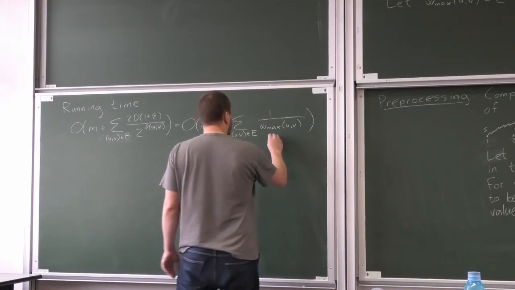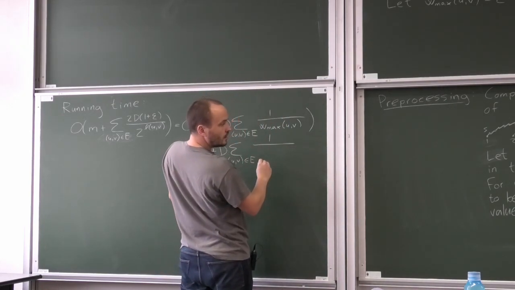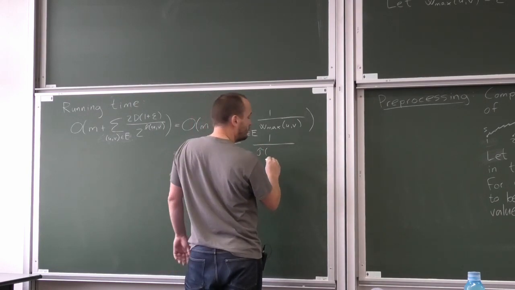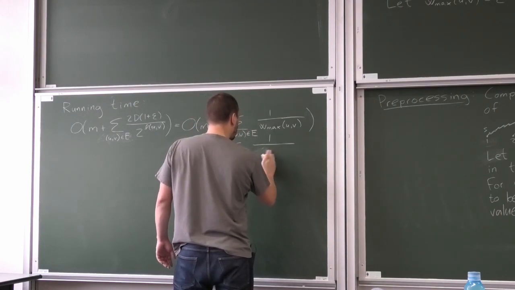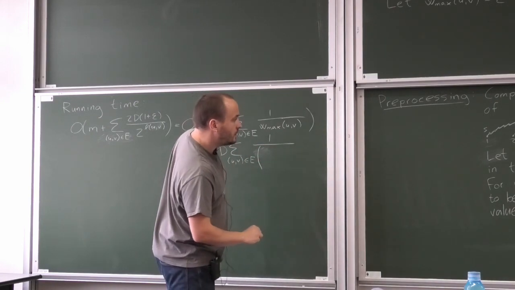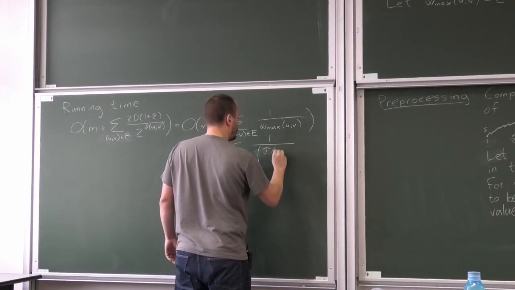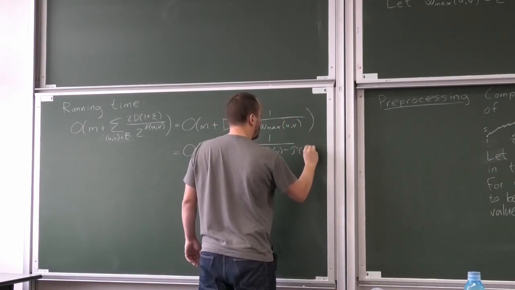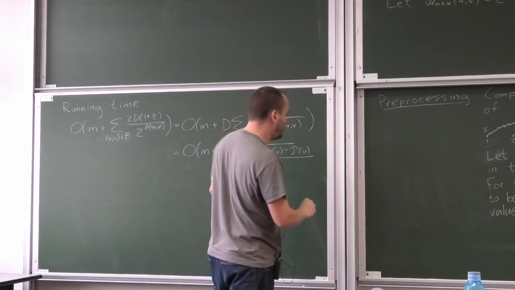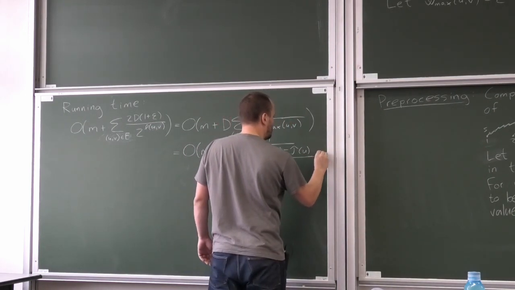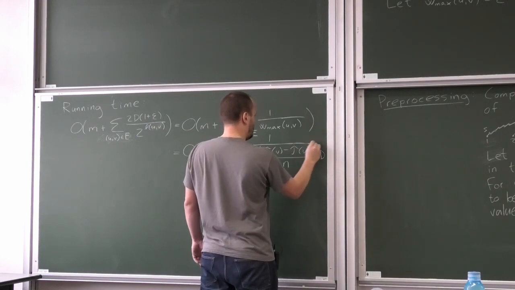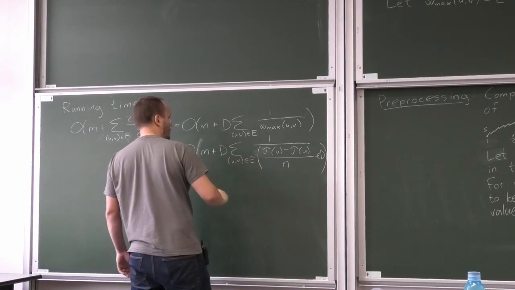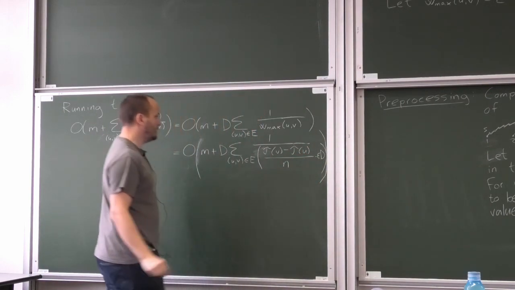So 1 divided by tau of v minus tau of u, divided by n and times epsilon d. And then we get it like this.